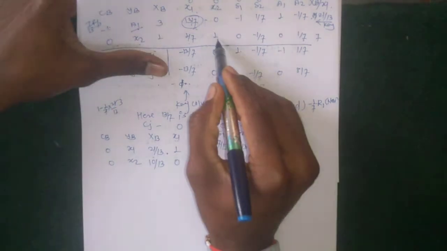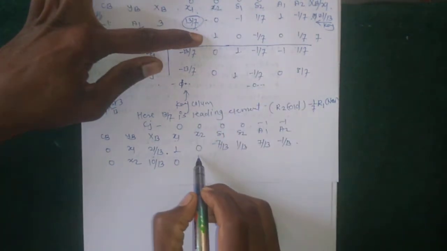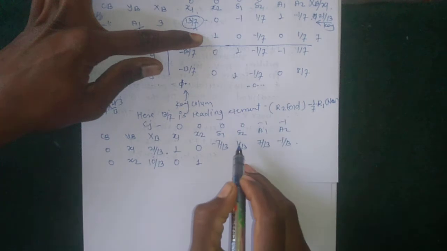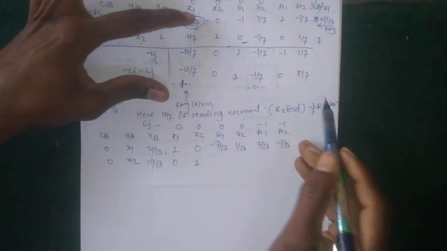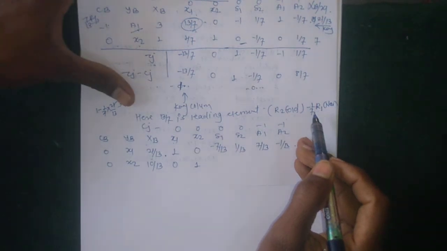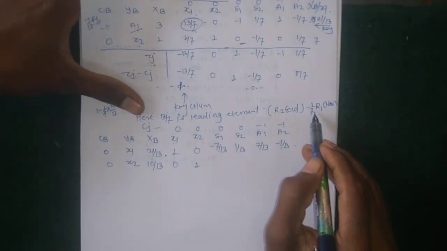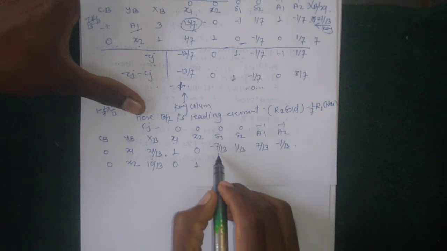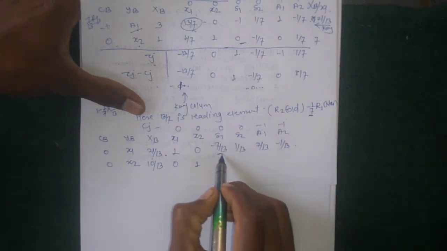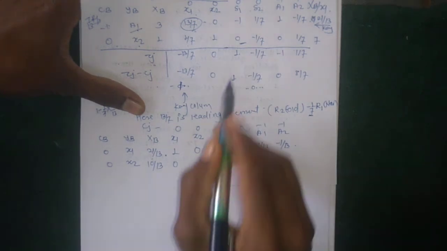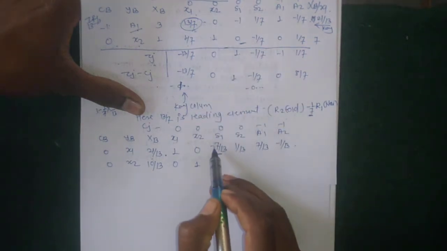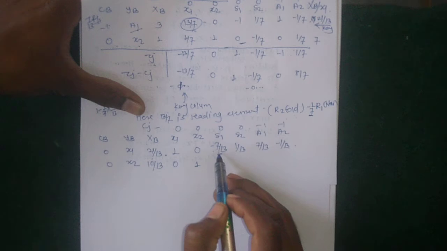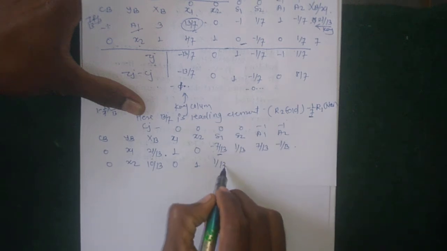For the third, 1 minus 0 is 1 as it is. Then 0, minus of minus 1 by 7. 0 minus 1 by 7 into this. For the S1 column, 0 minus 1 by 7 gets cancelled, minus plus, and remaining only 1 by 13.